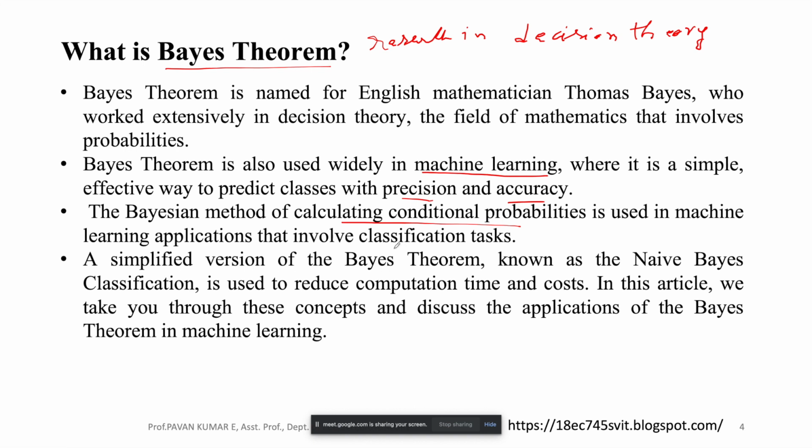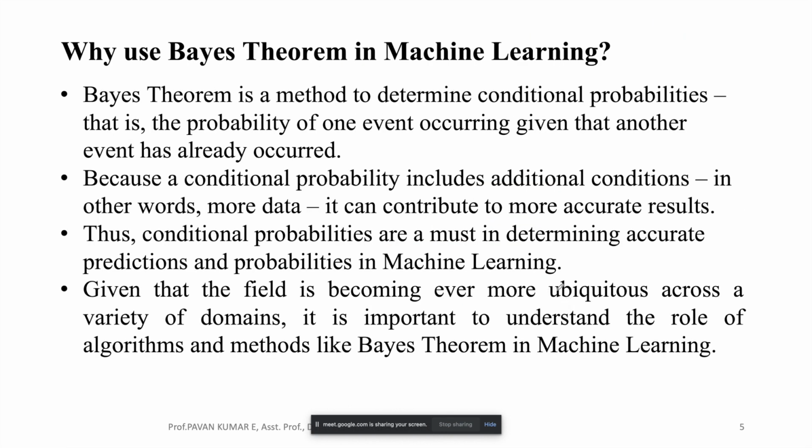Under that, the best version we use is Naive Bayes, a classification algorithm. Its importance is that it reduces computational time, and also cost. So this is how the theorem came into existence.